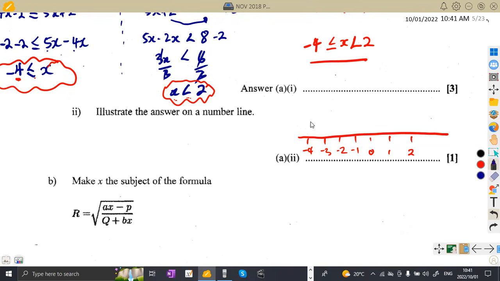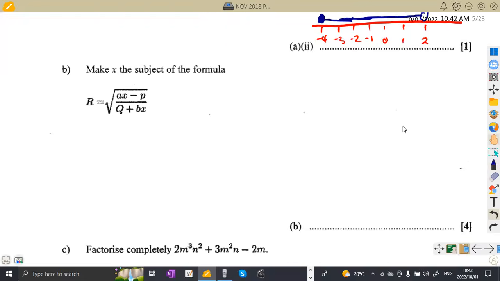At -4, it is greater than or equal to -4, so you're going to shade at -4. At 2, it's less than, so you do not shade, just combine these. So where there is an equal to, you shade that circle. Okay, so I think this part we talked about it.